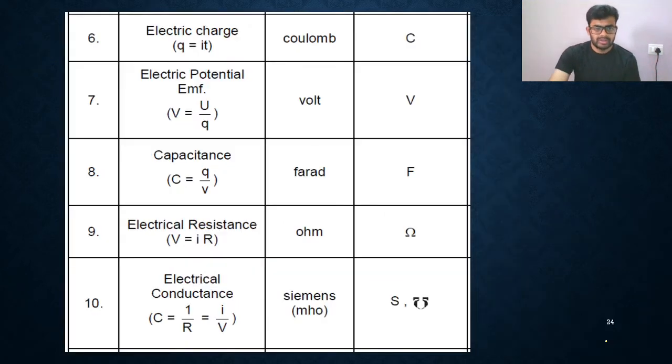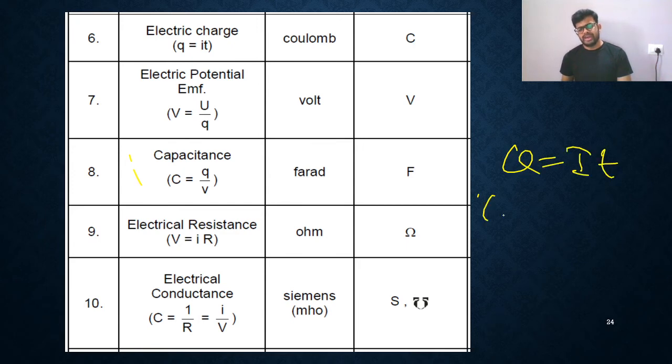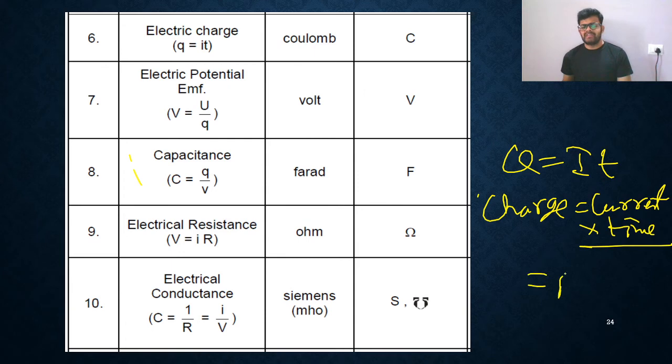Next, I am talking about electric charge. Always remember Q is equal to IT: charge is equal to current into time. Current has unit ampere and time has unit second, so ampere second will be its unit.